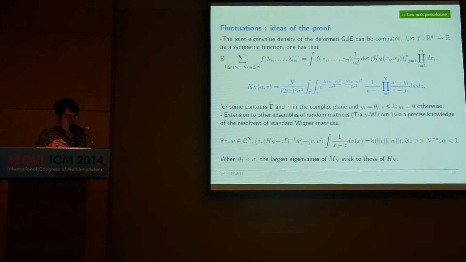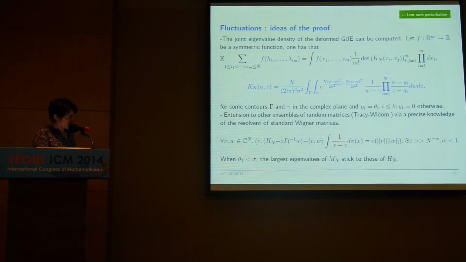Typically, when one is far enough from the real axis, so that the imaginary part of z is much greater than 1 over n, the resolvent of a standard Wigner matrix behaves in some way like a diagonal matrix, whose diagonal entries are almost constant and depend on the semicircle distribution.